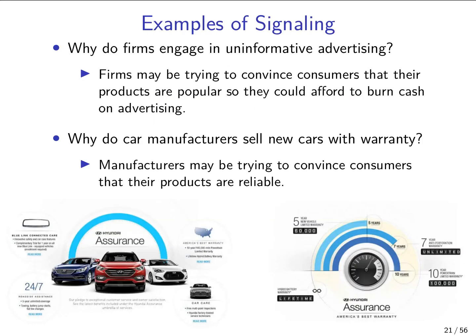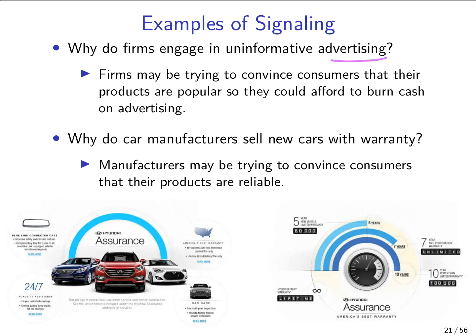Okay, so here are some examples of signaling. You can see that firms engage in advertising all the time. Sometimes the advertising is informative. For example, if you're a buyer for an iPhone, you might want to know how large the screen is, what the camera's resolution is, how many pixels there are, what the CPU is, whether it is fast, what the memory and storage are, and so on, right?